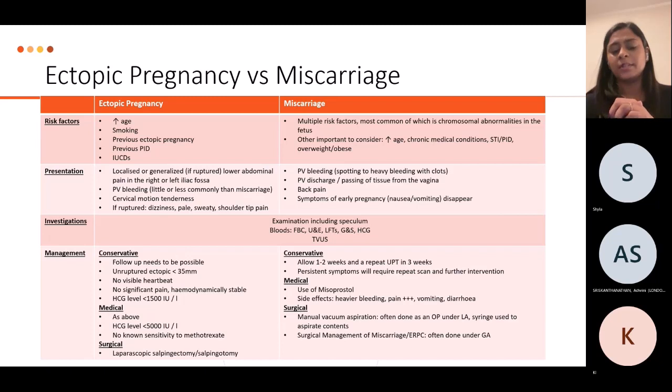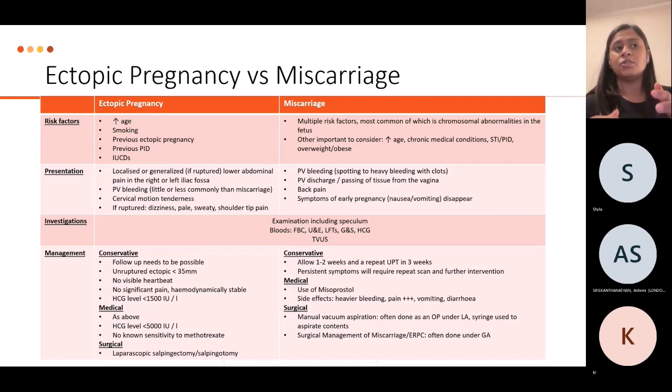And then surgical management is either an MVA or an SMM or ERPC, as it was previously known. Effectively, they're both very similar. The difference is that a manual vacuum aspiration is done as an outpatient and the patient is awake, whereas an SMM or an ERPC is usually done under GA.